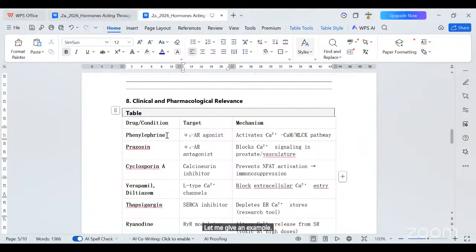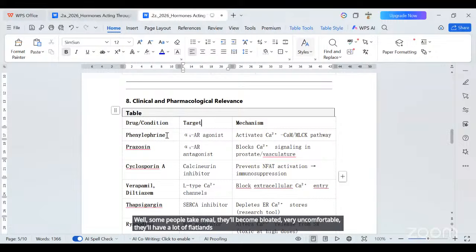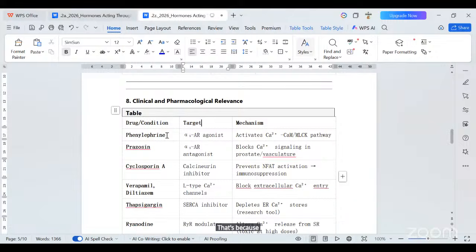When some people take milk, they become bloated, very uncomfortable. They have a lot of flatulence. That's because they don't have enough enzymes to break down the milk, or they don't have the enzymes at all.